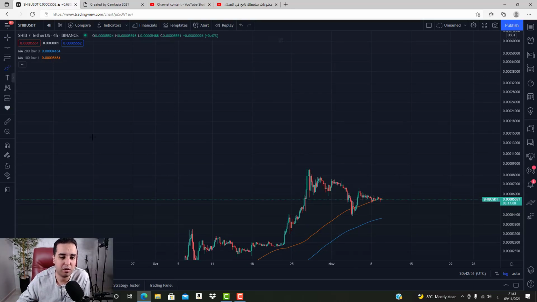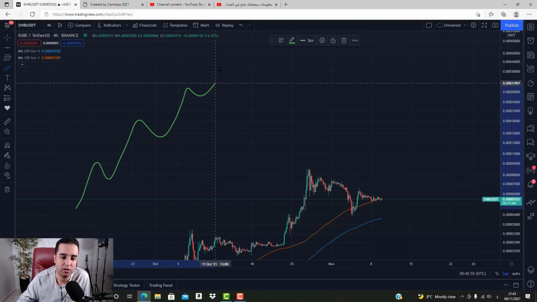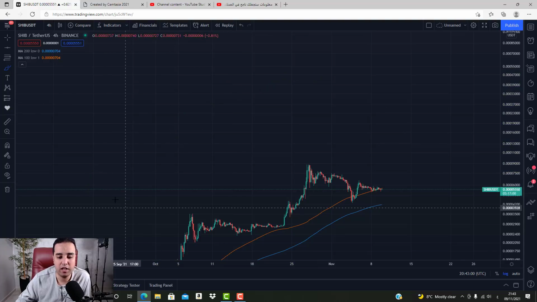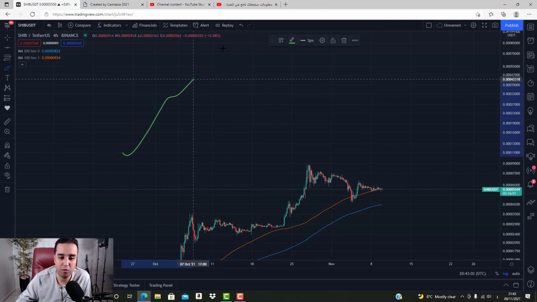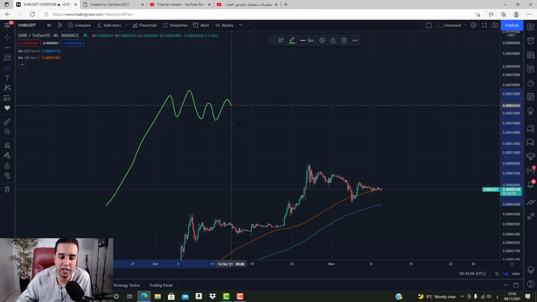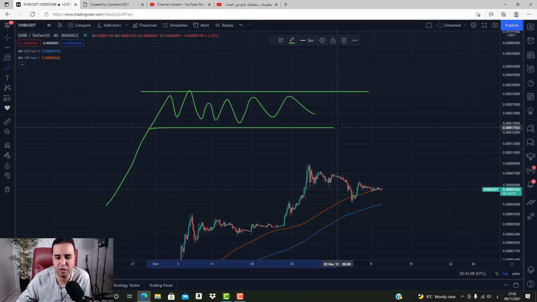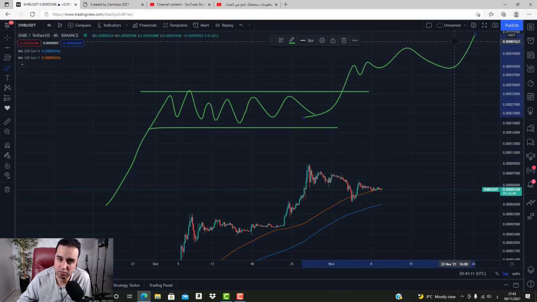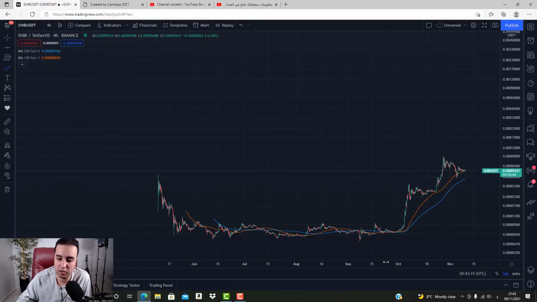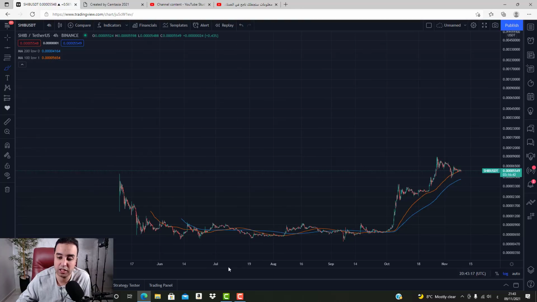Do we have a pump and then a dump, or a parabolic trend and then a pump? Or do we have simply a pump, then consolidation, a kind of accumulation, then another pump? This is what happens in Shiba Inu, and we hope it continues for at least 3 or 4 phases. So this is our first phase here, guys.